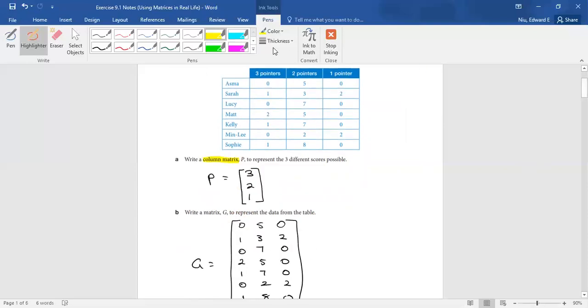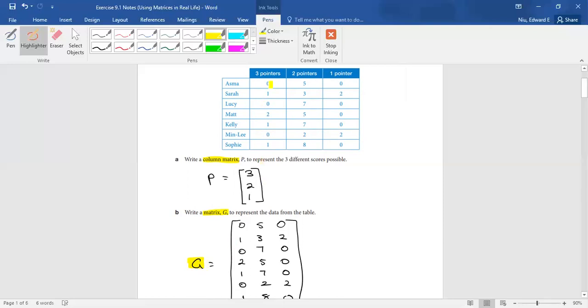Now we have to write a matrix G to represent the data from the table. Whenever they tell us to write a matrix G, let's make sure we're always labeling it. You'll see later on when they stack the questions on top of each other, that's the reason why you know which matrix is what letter.